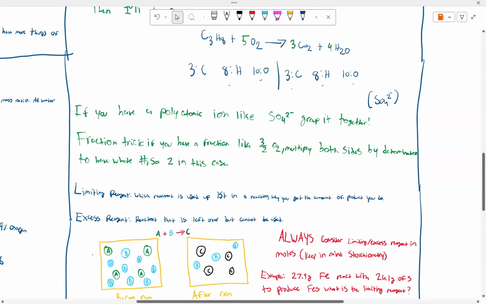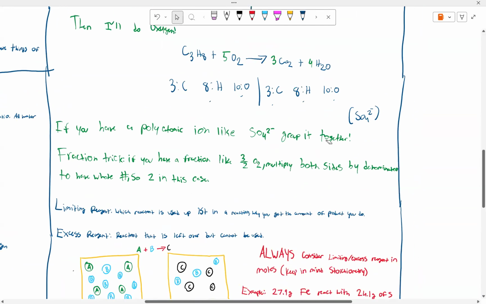Also, a fraction trick. If you have a fraction like 3/2 of oxygen, multiply both sides by the denominator, since that'll give you a whole number. So if this was 3/2, and you multiply each side by 2, then multiply this side by 2.